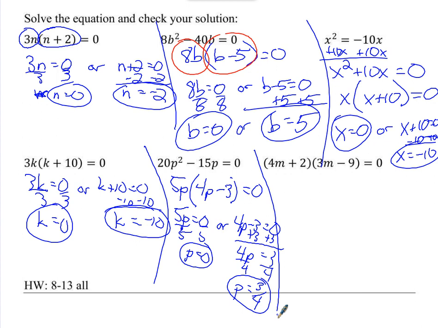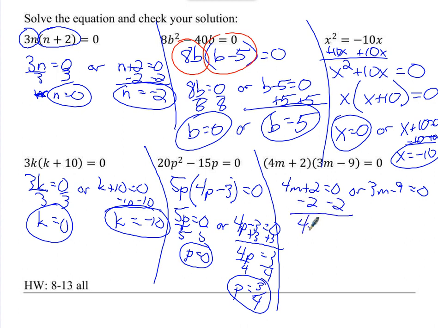What do we do on the last one? Okay, we do have two things that are already being multiplied together. This thing right here, and also this thing right here. It's ready to go. So we can do zero product property right now, because that equals 0. So what do I write? Good. And what do we do on the first one?